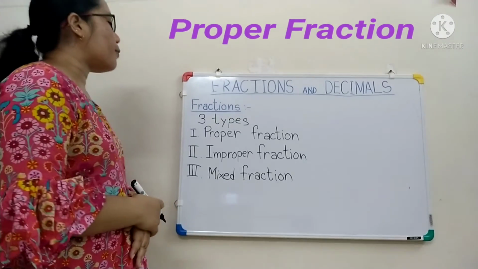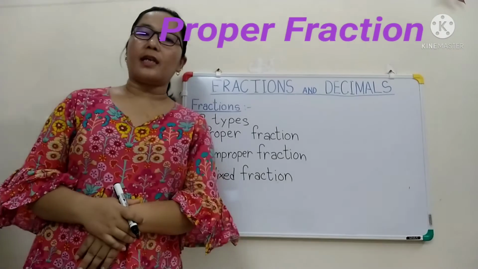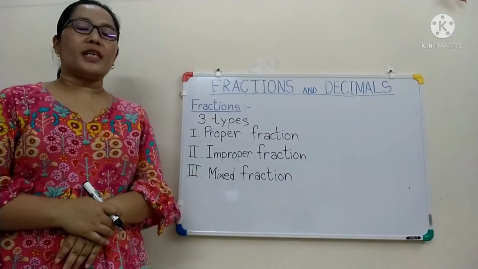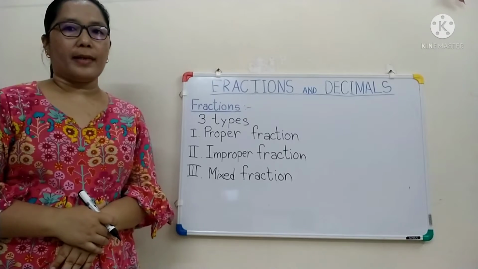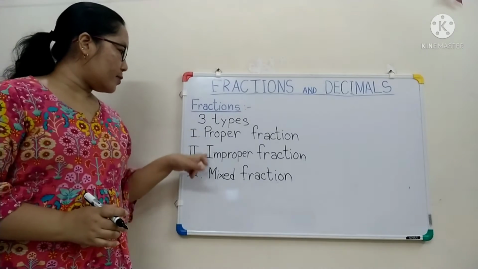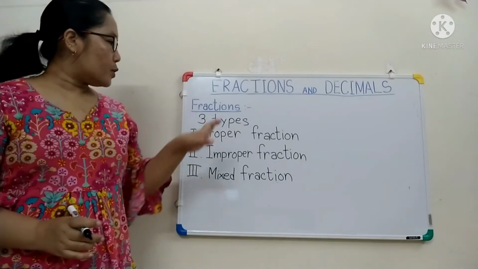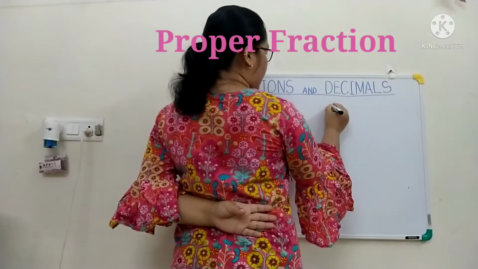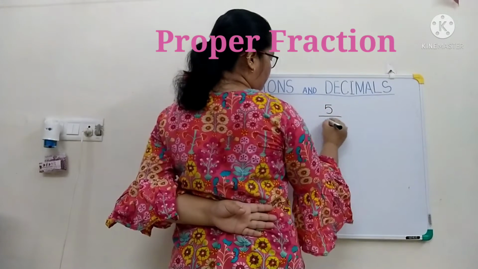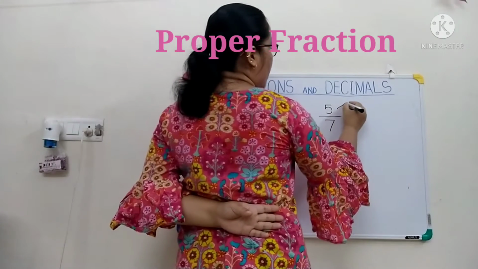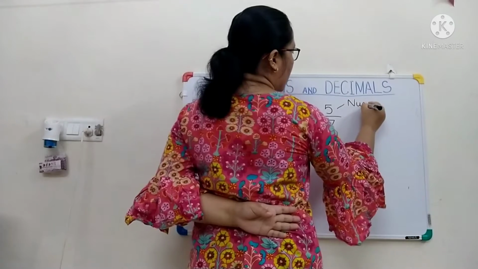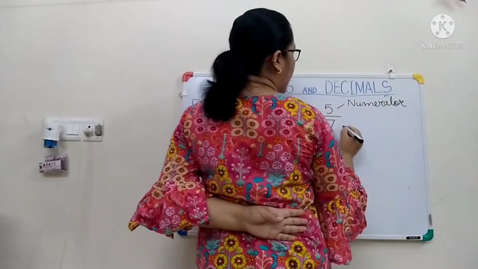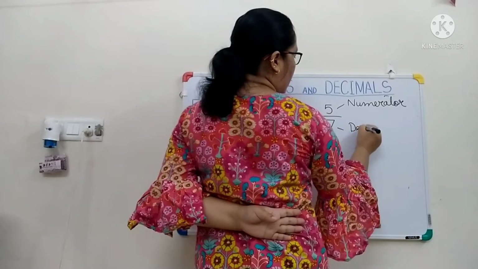Proper fraction. You already understood that to show a fraction we always have to use 2 things, the numerator and the denominator. In all 3 types we have to do so. In the case of a proper fraction, I'm taking an example, 5 upon 7. 5 is the numerator and 7 is the denominator.